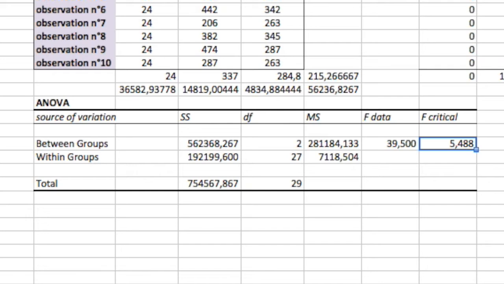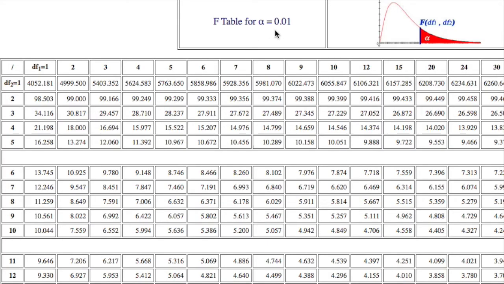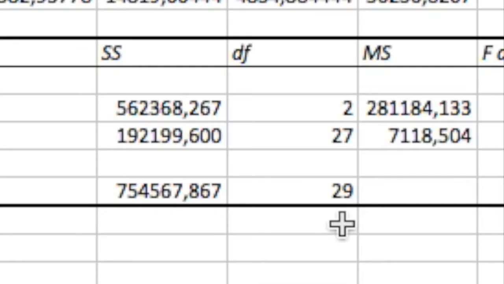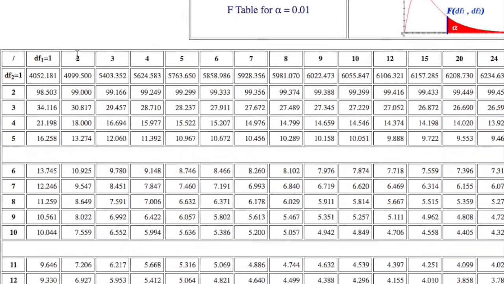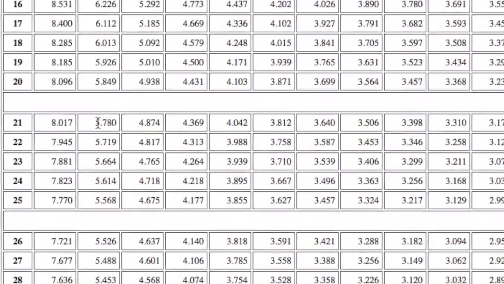Now the F critical value is 5.488. How do I get this? Well, I took a significance level alpha of 1% and the F(2, 27) distribution. So 2, and now we need to look at 27.